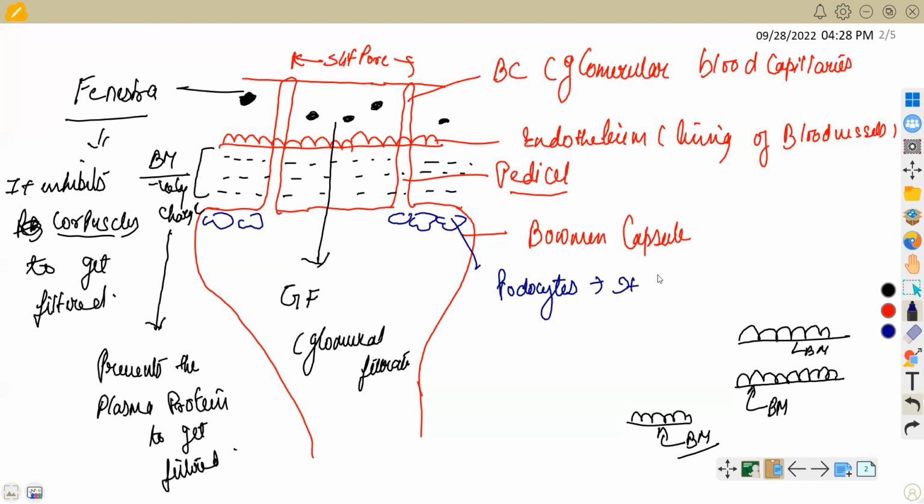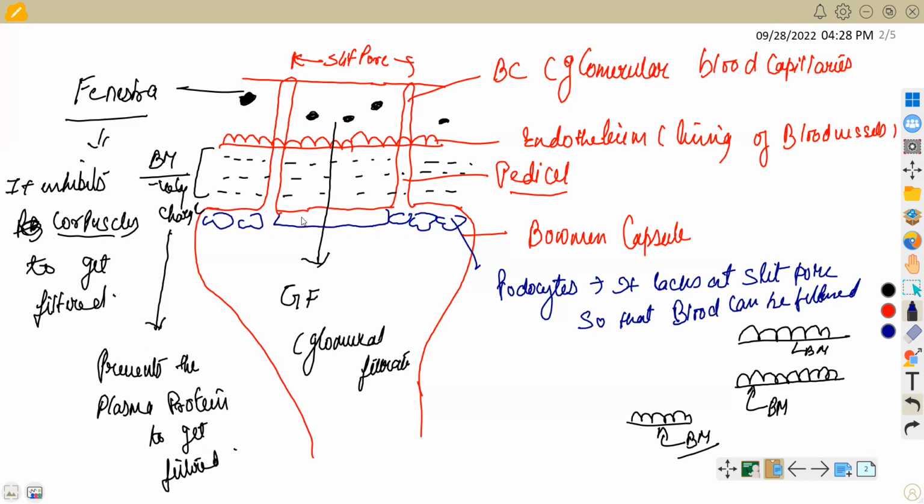It lacks at the slit pore so that blood can be filtered. It is all over the squamous epithelium of Bowman capsule, but where does it lack? It lacks at the region of slit pore. At the slit pore there is no pedicel and no intricately arranged podocytes.